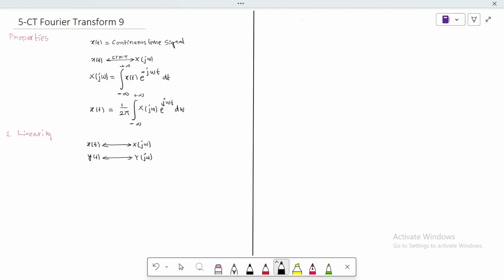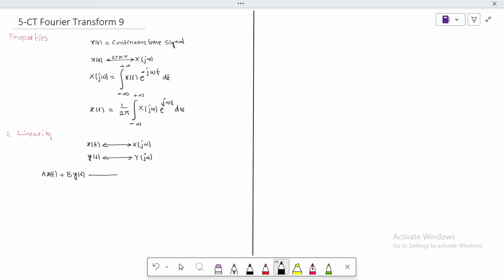To satisfy the linearity, it should satisfy the additivity and scaling properties. So x of t must be multiplied by a constant, and I have taken a x of t plus b y of t. The plus is for checking the additivity property, and the constant multiplication is for the scaling property.